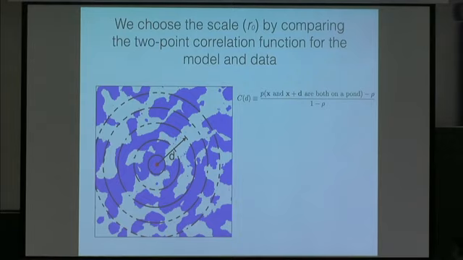So basically, we randomly choose a point on a pond, and we draw a circle around it that has radius d, and we count the fraction of the circle that falls within a pond. After we average over all of these points, this is the value of this part of the correlation function.